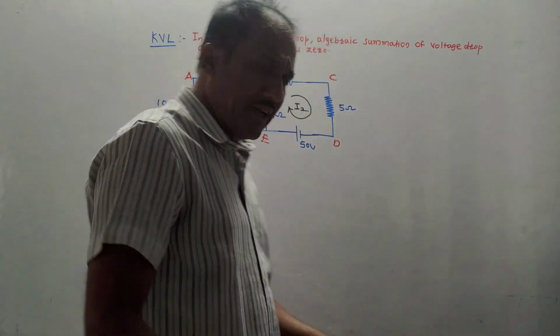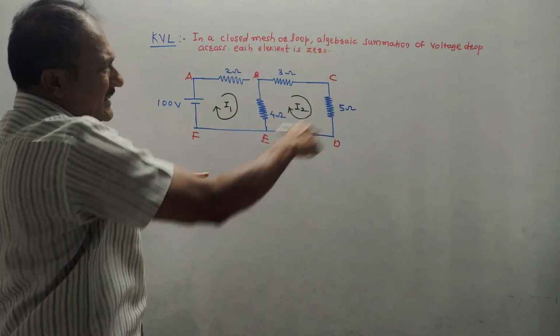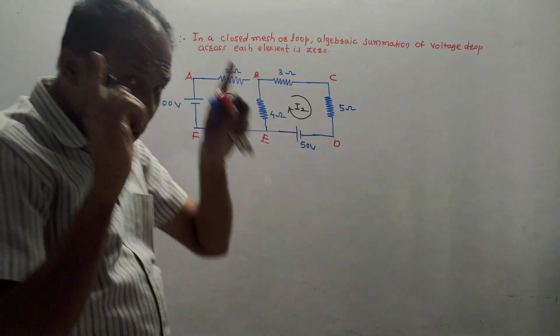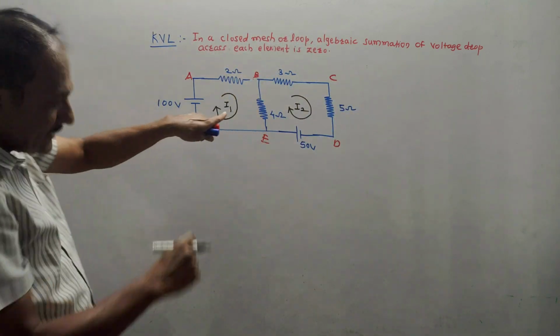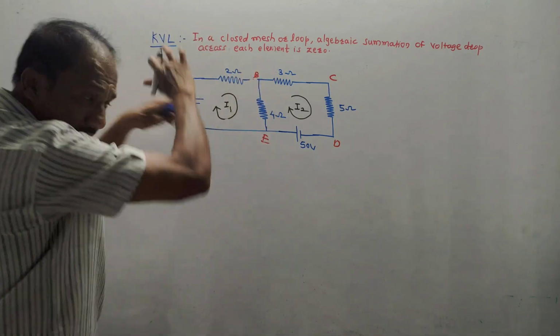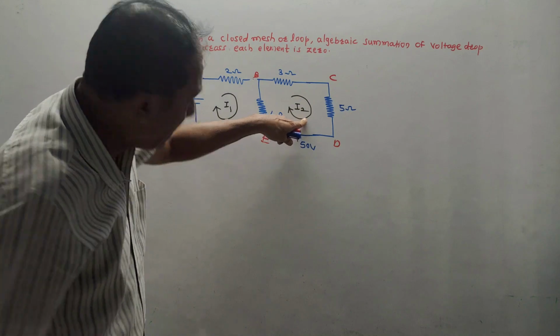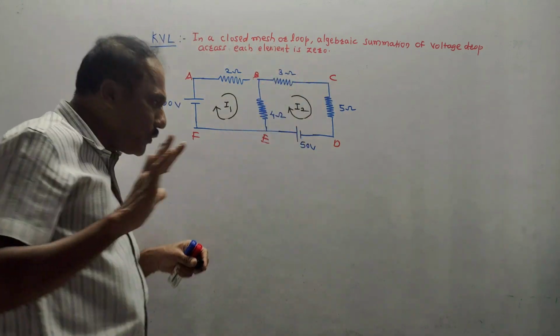In any numerical, irrespective of polarity or whatever given things, strictly assume these directions for the loop current. Loop current is the current which is flowing through the entire loop. For example, I1 is a loop current flowing through A, B, E, F, A, the entire loop. Similarly, I2 is a loop current flowing through B, C, D, E, B. That means for the entire loop 2.